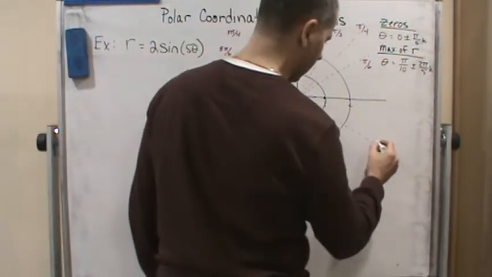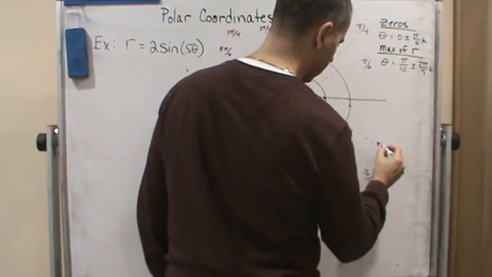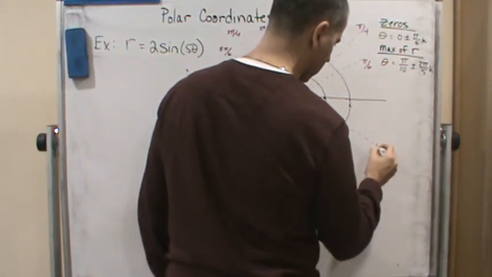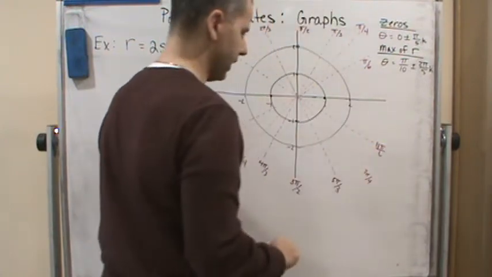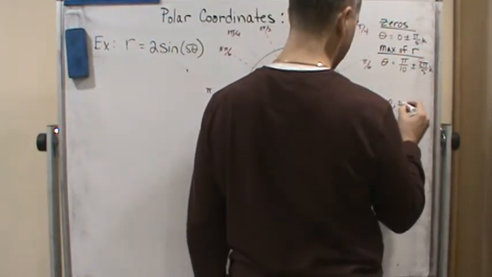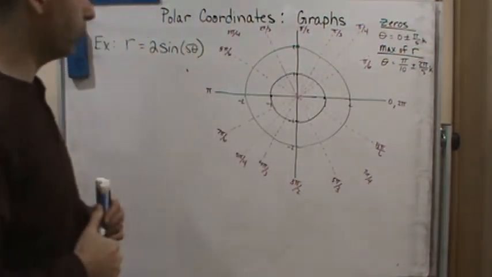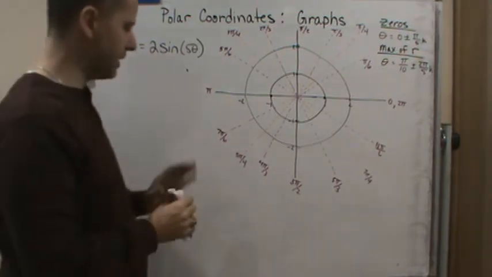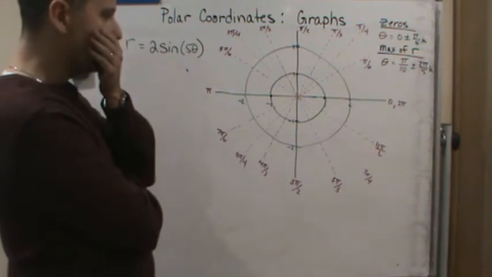And this is 11 pi over 6. And then of course, 0 or 2 pi. Okay, so the reason why I did this is just so it's going to make it easier for me to sketch, and I want you to see these angles.